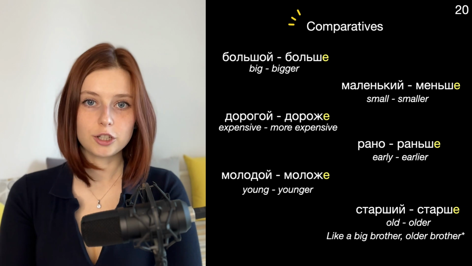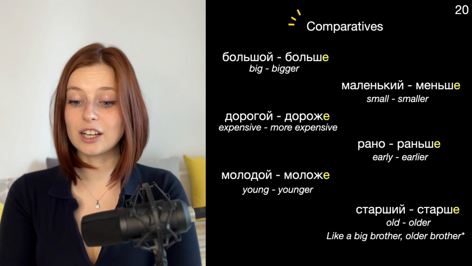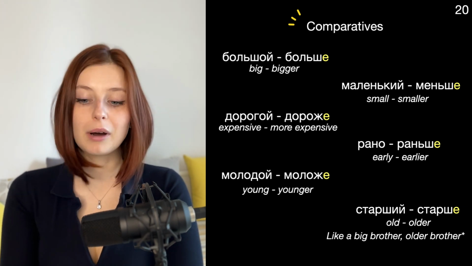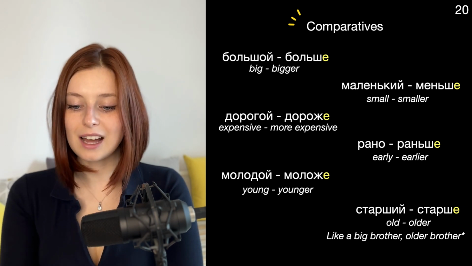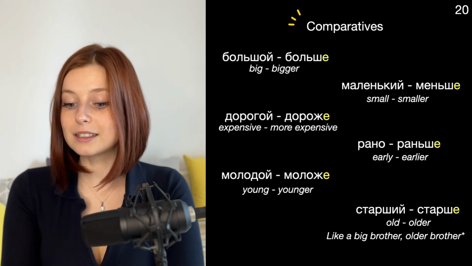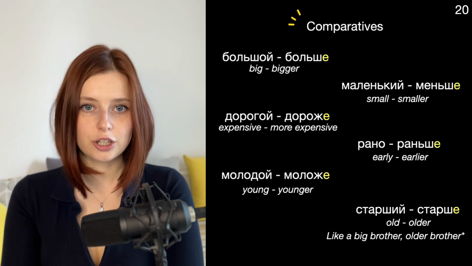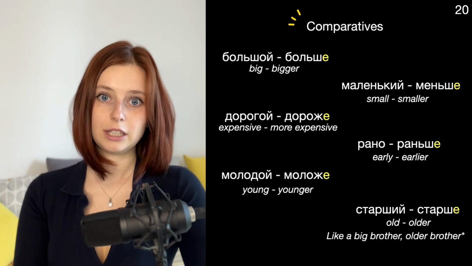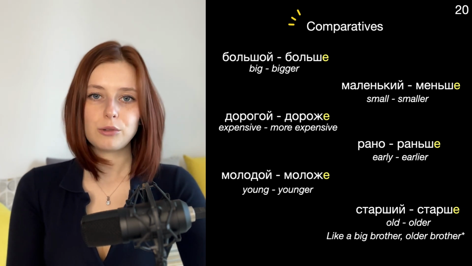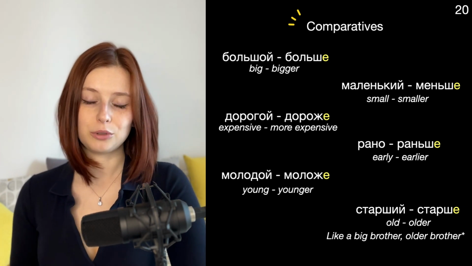Большой, больше, маленький, меньше, дорогой, дороже, дешевый, дешевле, молодой, моложе, старший, старше, младший, младше, рано, раньше, поздно, позже, редко, реже. And plus we have irregular ones. Хорошо, лучше, плохо, хуже. But how to remember it? Just remember it. There is no other way.